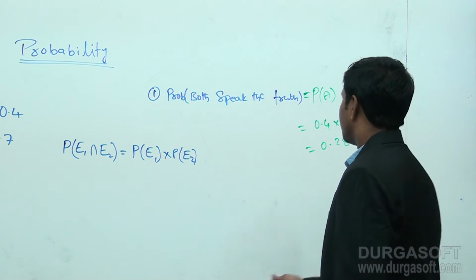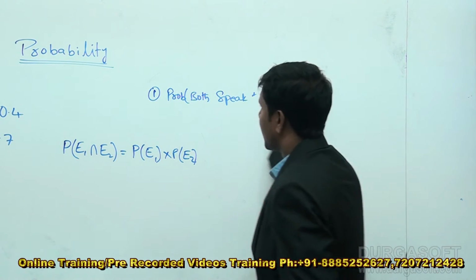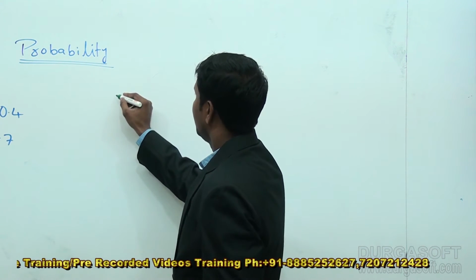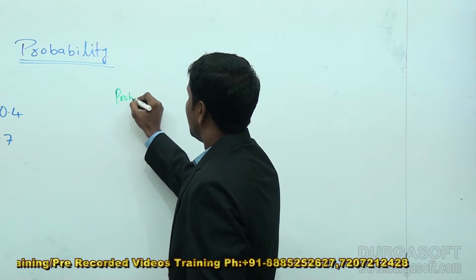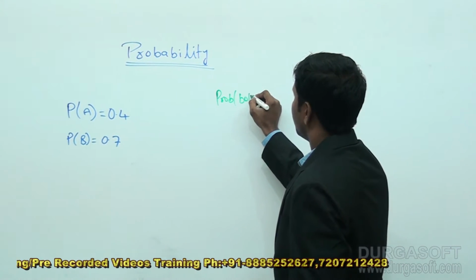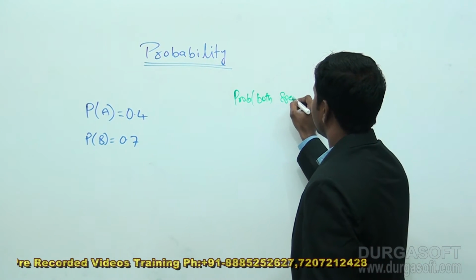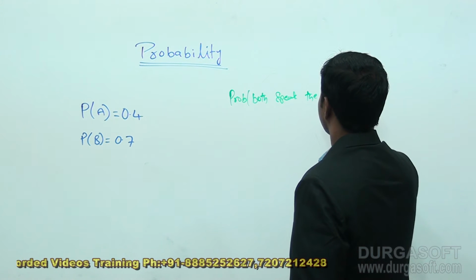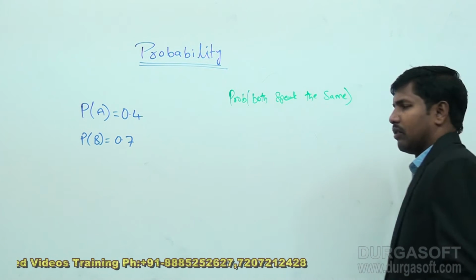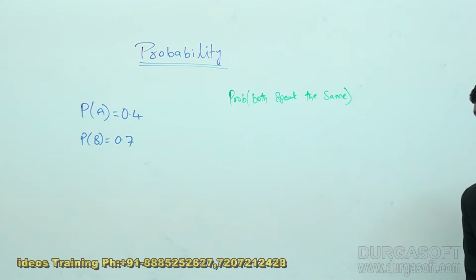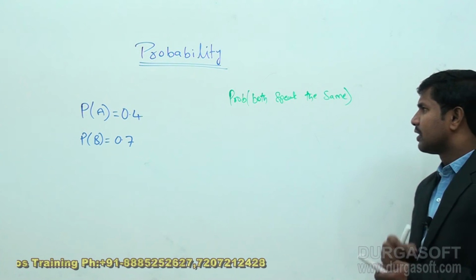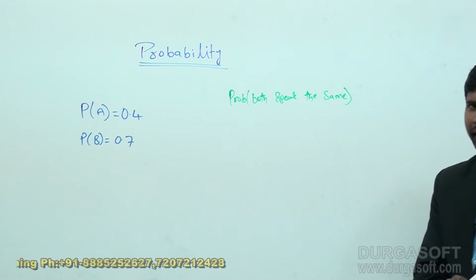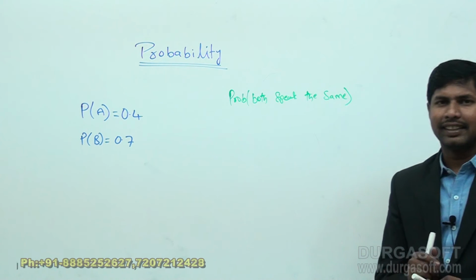Next, suppose the value we are asking is the probability of both speaking the same. Now I want the probability of both speaking the same, whether it is true or false we don't mind, but they should speak the same.